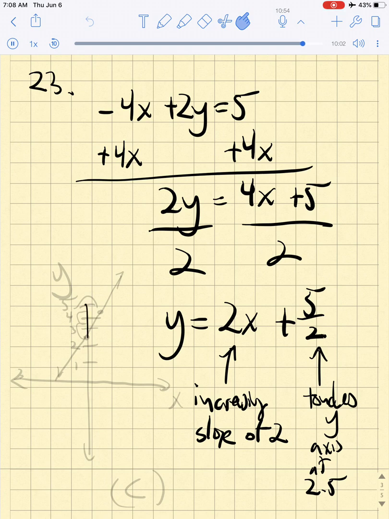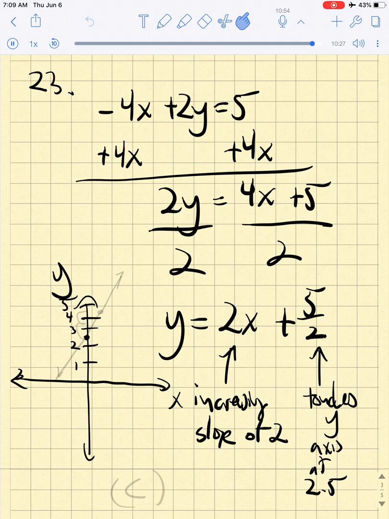So now we can sketch the graph. Okay? There's my x-axis, this is the y-axis. 2.5 would be like 1, 2, 3, it would be like somewhere like there. An increasing of 2. So if this is 1, this is 2, this is 3, this is 4, this is 5.